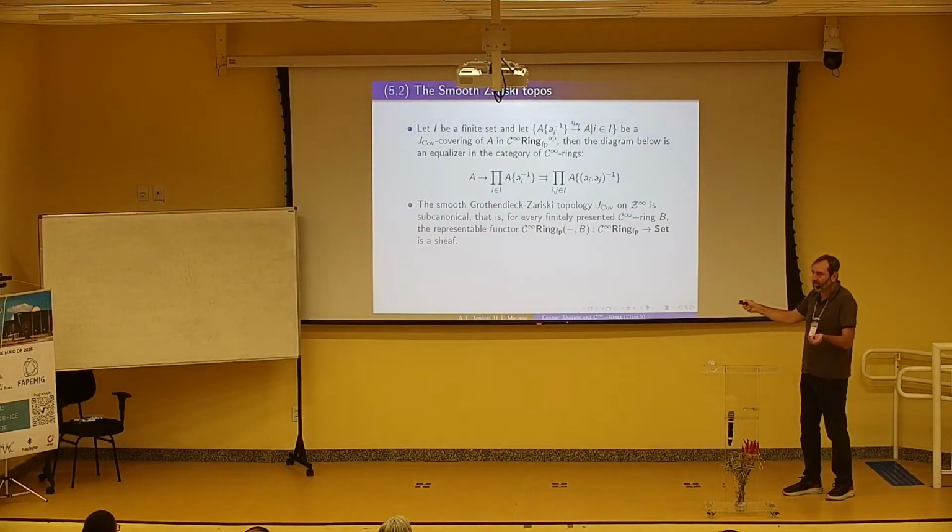Mas D de AI intersecção D de AJ é D de AI vezes AJ. Então, aparecem essas localizações. Aí você mostra que isso aqui é um feixe e tal. E depois você reduz para esse caso, vamos dizer assim, né? Então, isso aqui é a topologia de Zariski de Grothendieck.